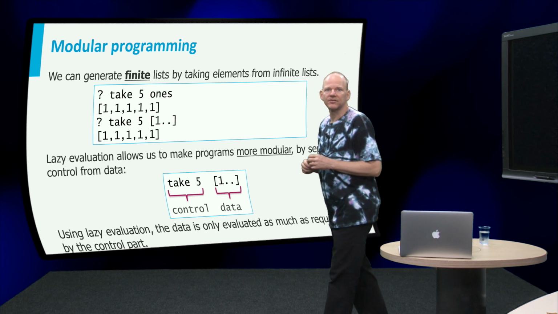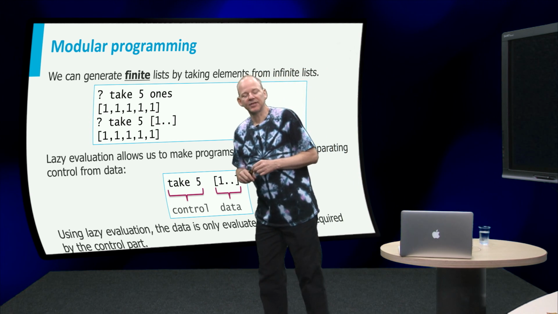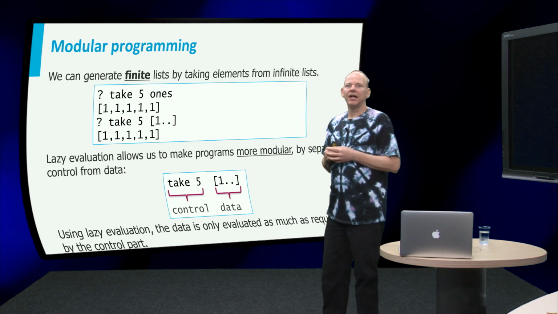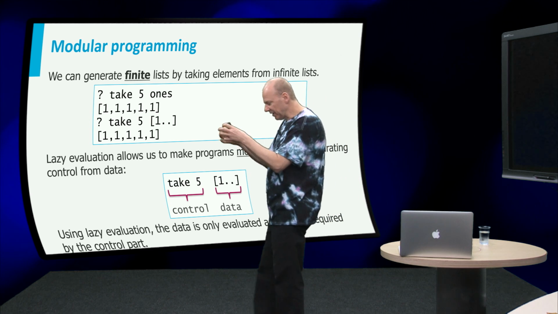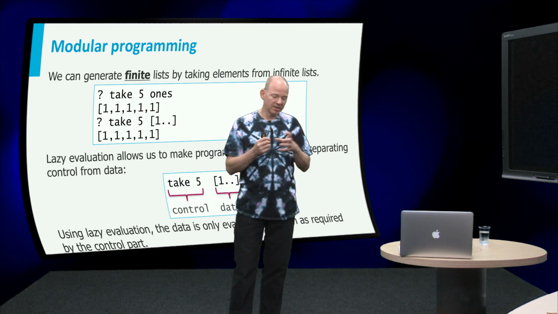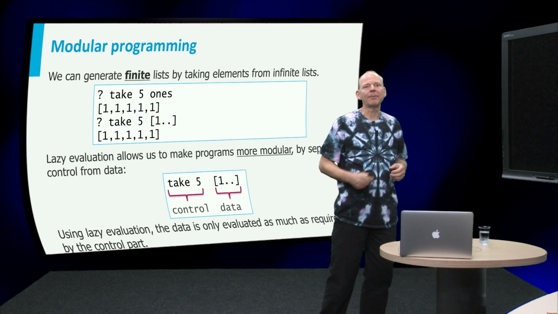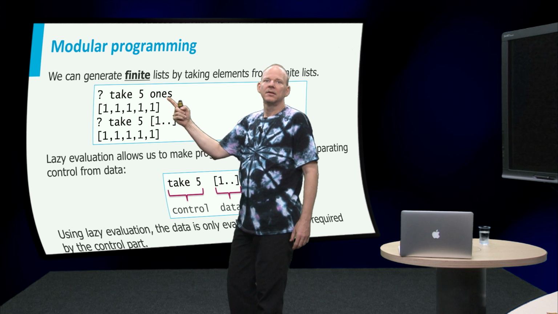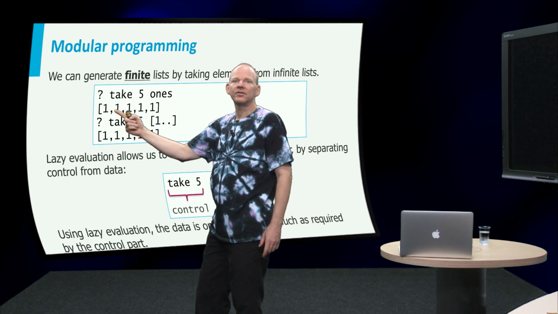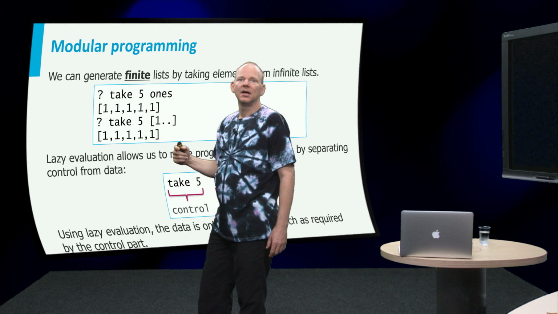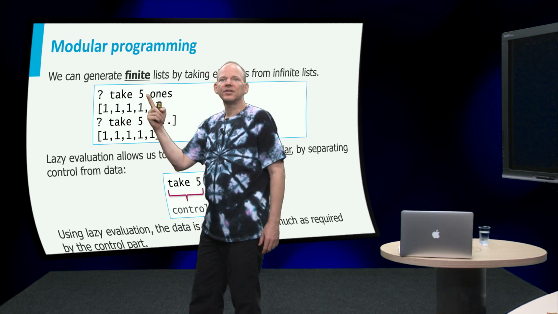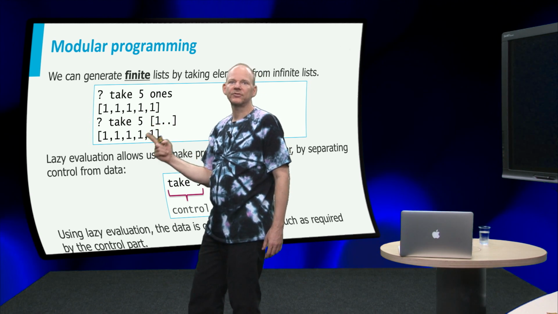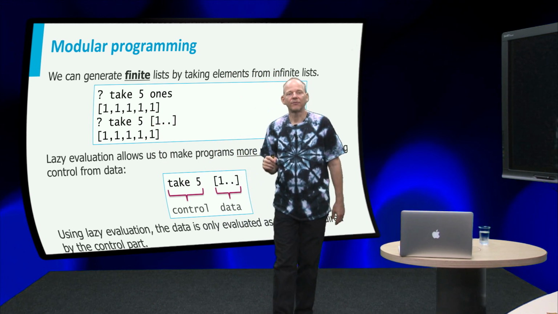Now let's look at the next example here. We mentioned that lazy evaluation makes code more modular. And the reason is that it does just enough evaluation to make the next step. So let's look at take 5 of ones. That will return a list of 5 ones. And ones is really the same as this expression here, the infinite list of ones, and that also returns 5 ones.